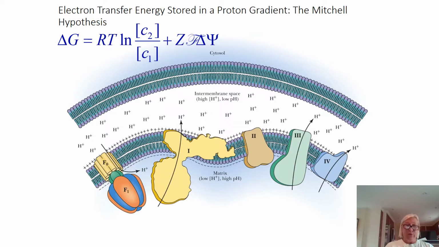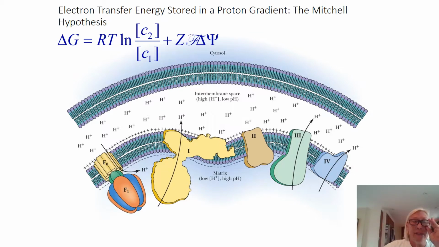And Mitchell proposed that this electrochemical energy is stored in the hydrogen gradient across that inner membrane and drives the synthesis of ATP. So the hydrogen ion gradient is essentially equivalent to an electrochemical potential.